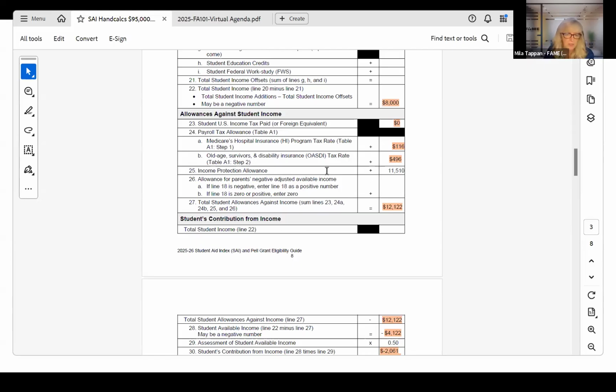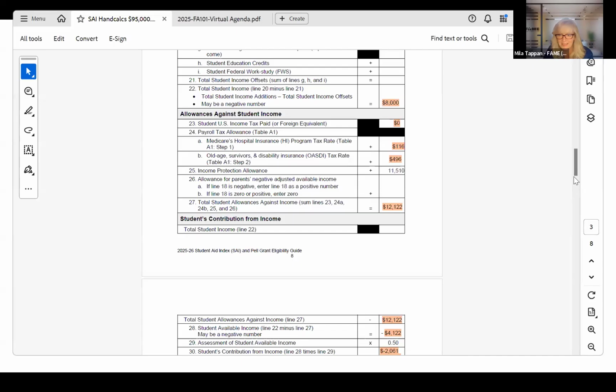It is determined each year, tends to go up a little bit each year, and it's used for all dependent students, the same dollar amount. So for the current FAFSA, it's $11,510. So we're going to add up all of the allowances against student income: taxes, which are none in this case, payroll taxes, and the income protection allowance. So the student's allowances against income are $12,122.